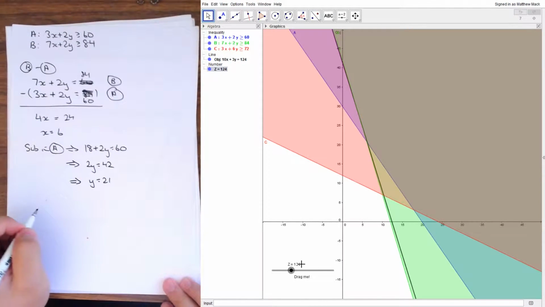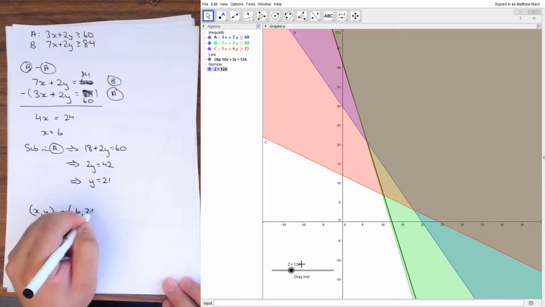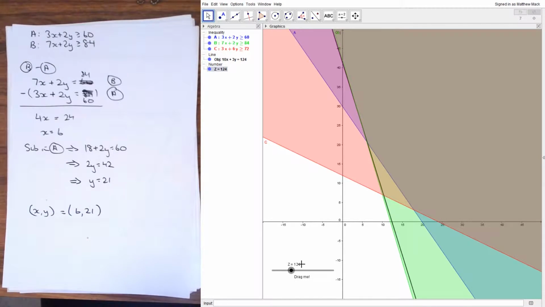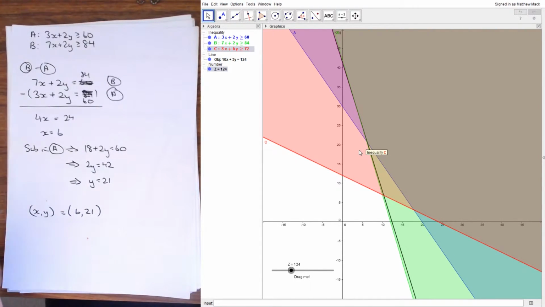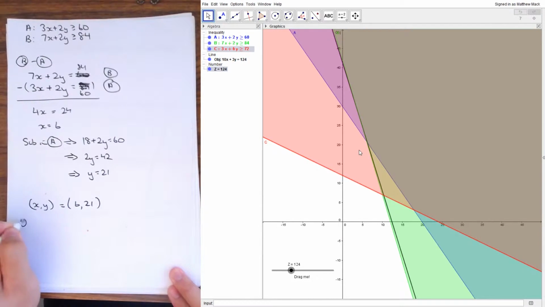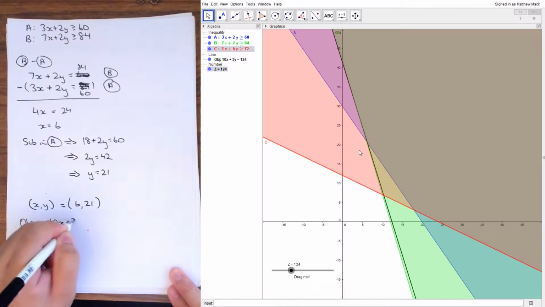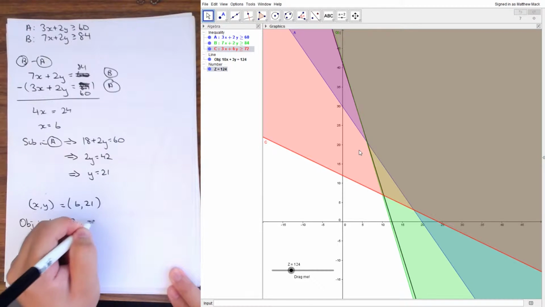So we have our coordinates (x, y) equals (6, 21), which minimizes our objective function. Basically, what you can do now is substitute this into the objective function. To refresh your memory, the objective function was 10x plus 3y, and it's equal to z.